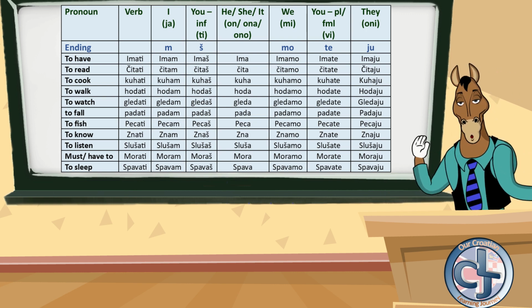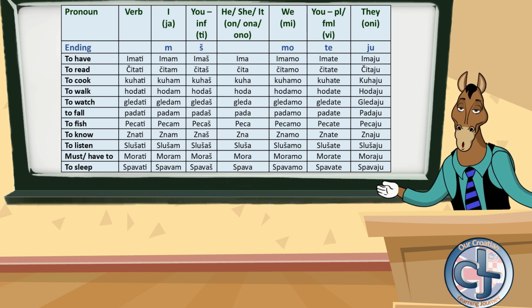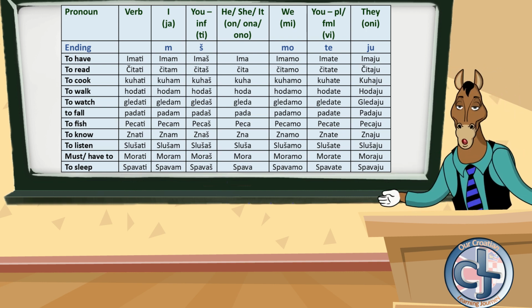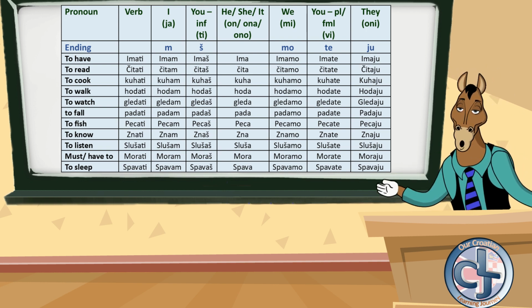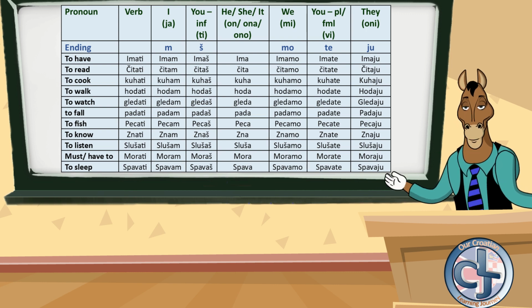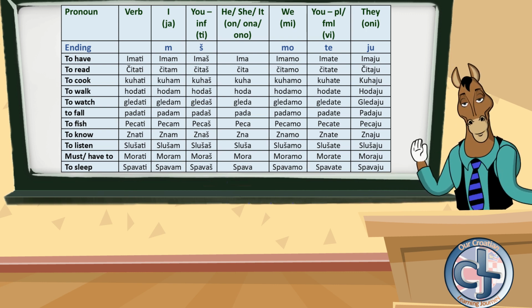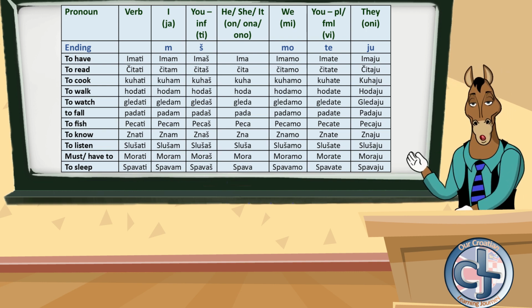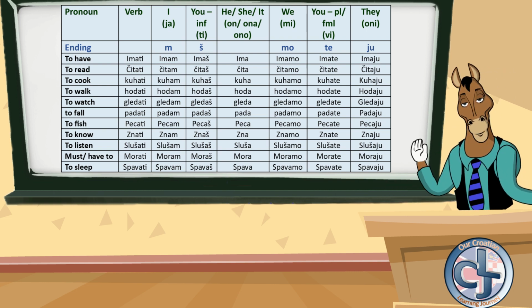And looking at the column of he, she, it, we can see this verb form repeated in each word across the line. To make I read, we add an M as in the first column and we get čitam. And to make we read, looking at this column, we add mo and we get čitamo.